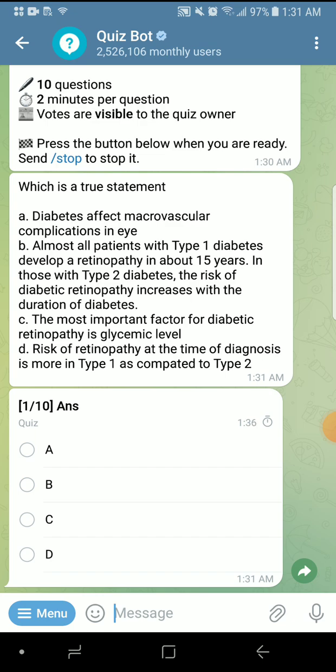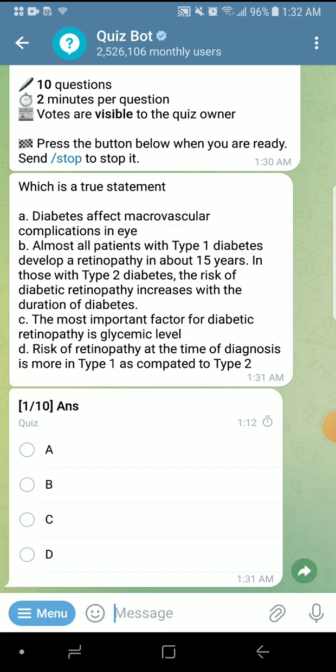In type 2, the risk increases as the duration of diabetes increases. Now, the second statement is correct, but I don't know whether 15 years is correct or not. Let us leave this for a while. But the third statement, the most important factor for diabetic retinopathy is not glycemic level, it is the duration of diabetes. You should know that.